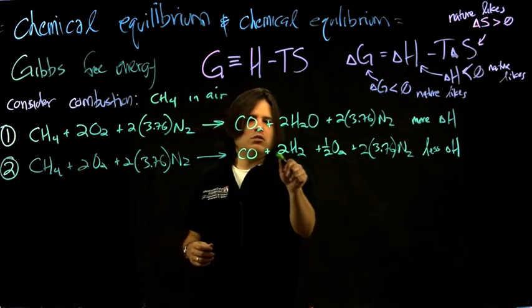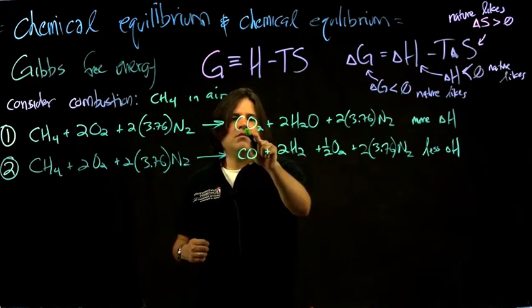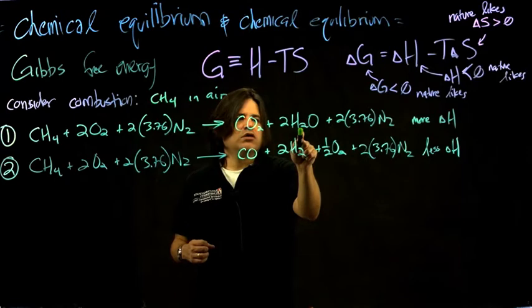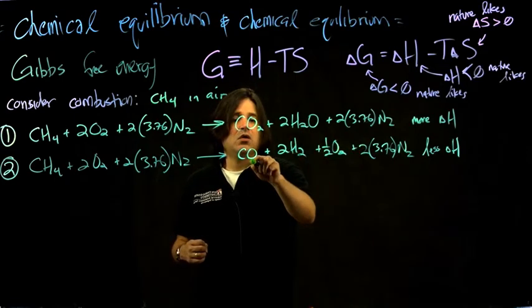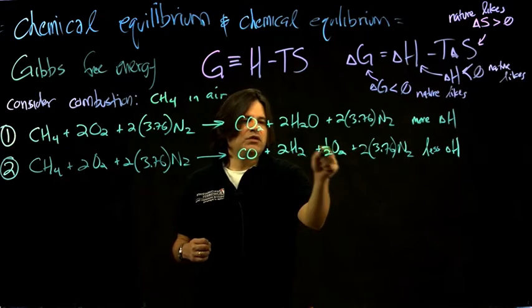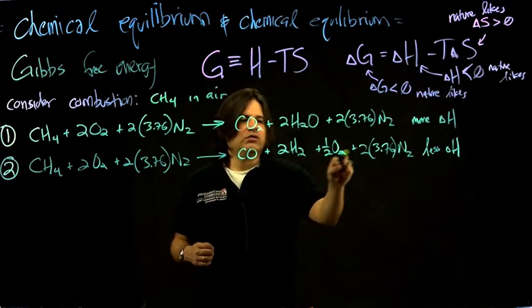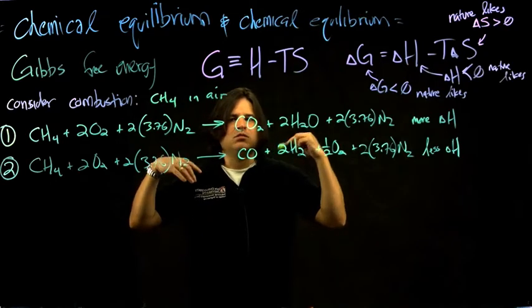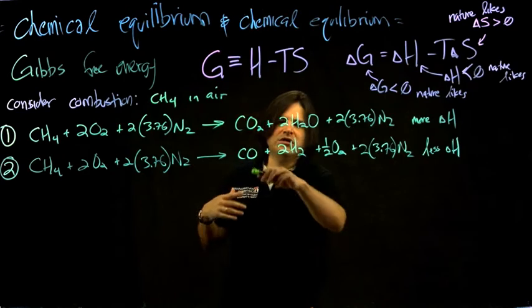So here, there's more molecules. There's one molecule of CO2, 2 molecules of water, and then the nitrogen. Here, there's 1 molecule of CO, 2 molecules of H2, plus another half molecule of O2. So there's more molecules on this end. That means there's more multiple ways to make this happen. There's more numbers here.